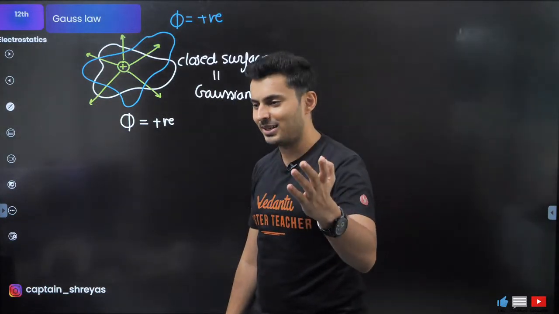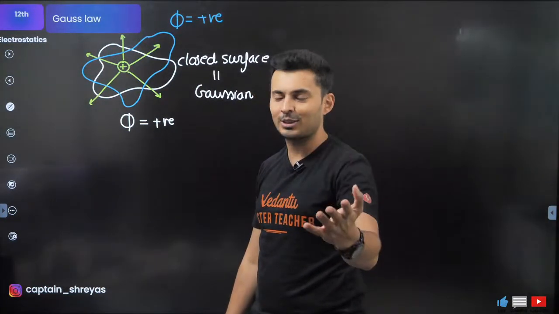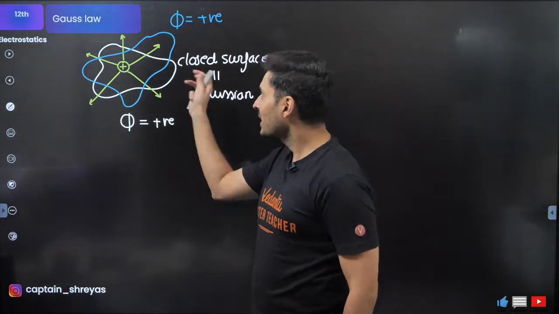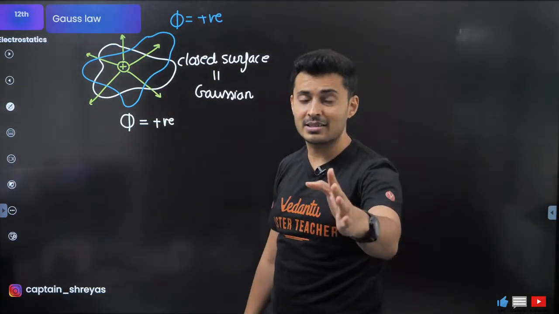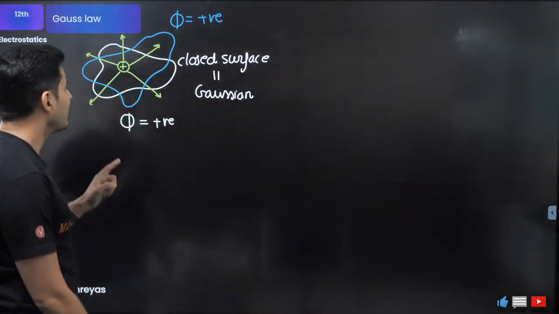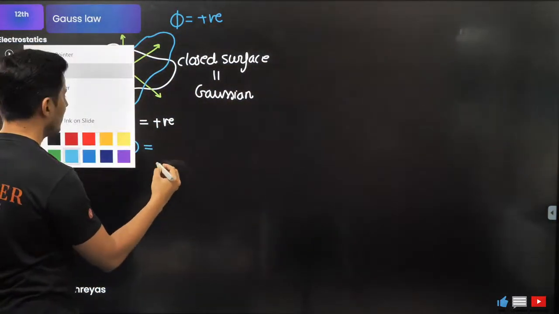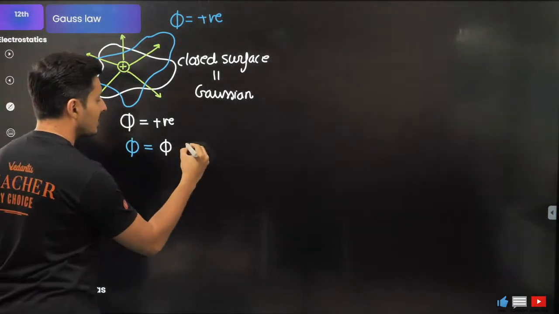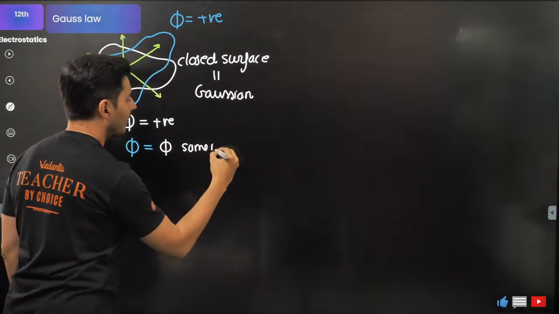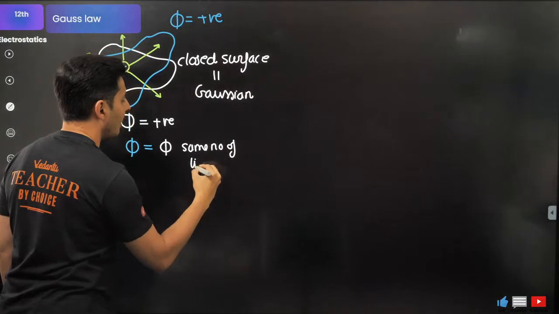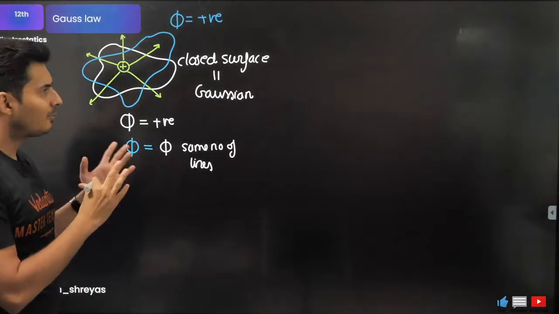It's non-negotiable. It will definitely cut through it, no matter where you go. Yeah, it might cut later on, but it cuts. So I can definitely see that this flux is equal to this particular flux because the same number of lines are there, right? Very interesting.